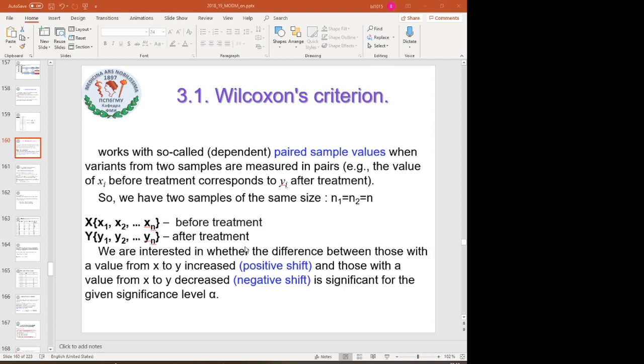If half of the patients decreased their value and half of the patients increased their value, then we should conclude that the treatment is ineffective. And as usual, we should take some significance level where statistical significance will be tested.